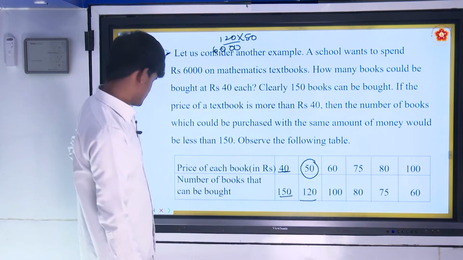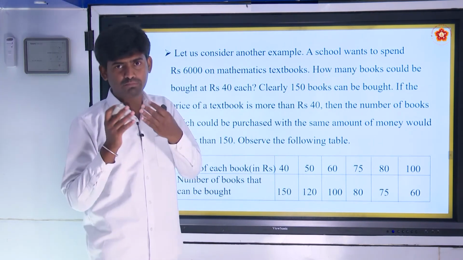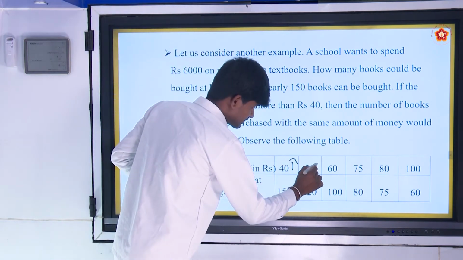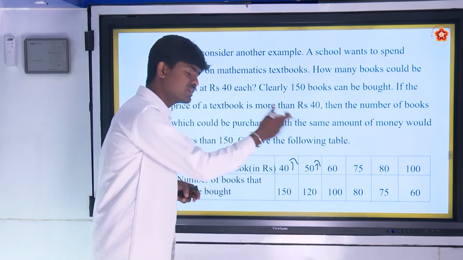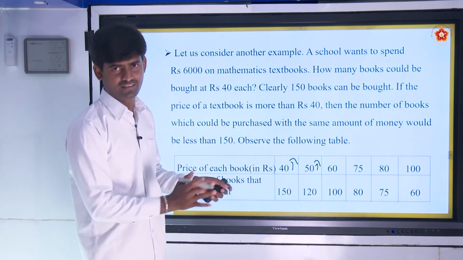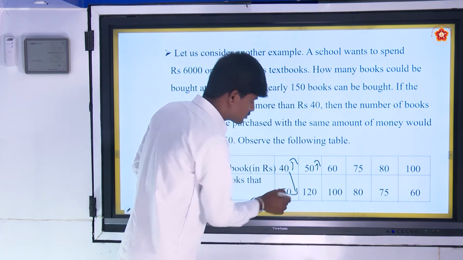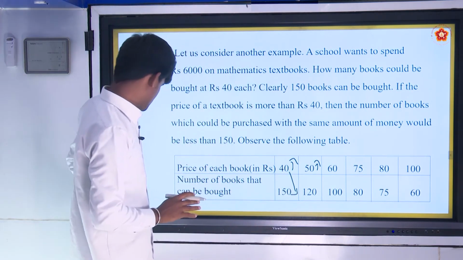The money spent on the mathematics textbooks will be the same, even though the cost of the textbook increases. If the cost increases, the number of books bought decreases, but the product of these two values will be a constant. That is the thing in inverse proportion.